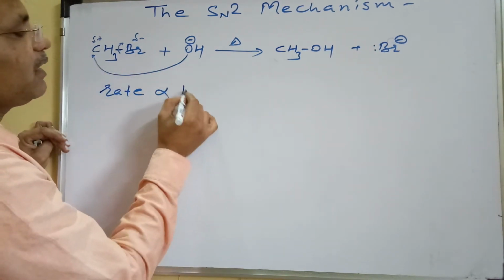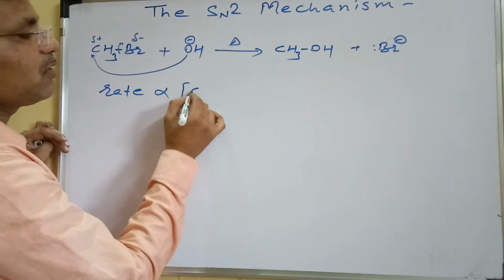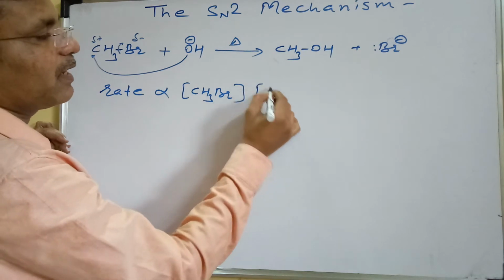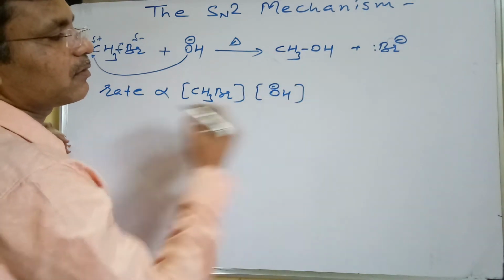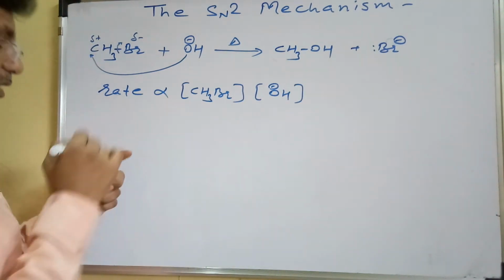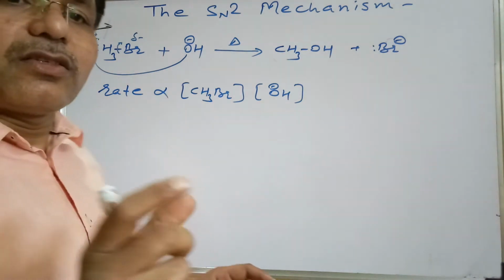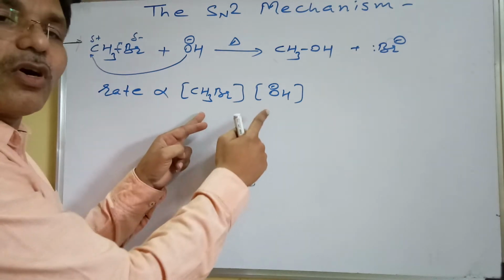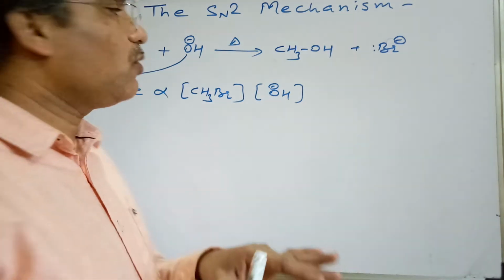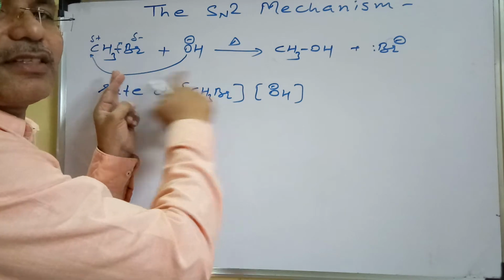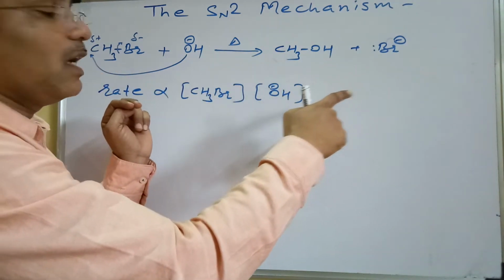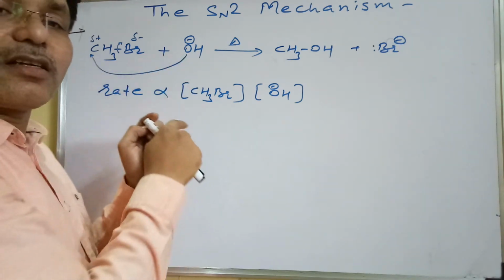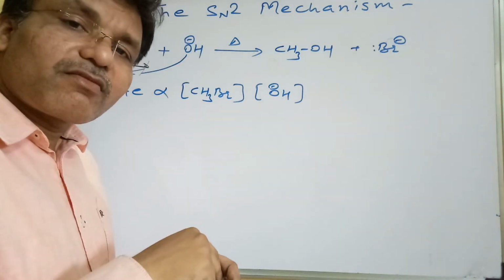That means the rate of this reaction is directly proportional to the concentration of methyl bromide and the concentration of hydroxide ion. This indicates that both of these chemical species are involved in the slowest step of the reaction mechanism.